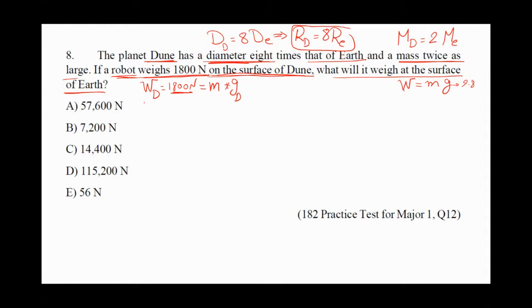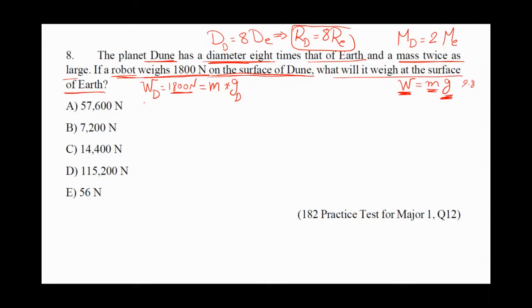And the weight on the Earth equals the mass of the object times our gravity, 9.8. I will call it G only. So G is the gravity acceleration, the gravity field on the Earth. I know it is 9.8. GD is the gravity of Dawn, which I don't know.